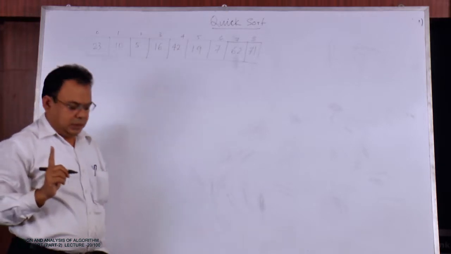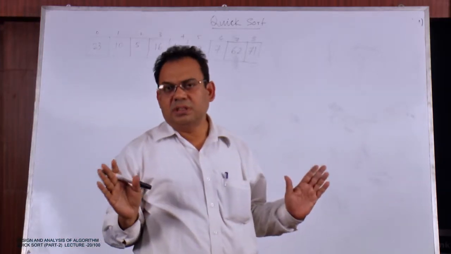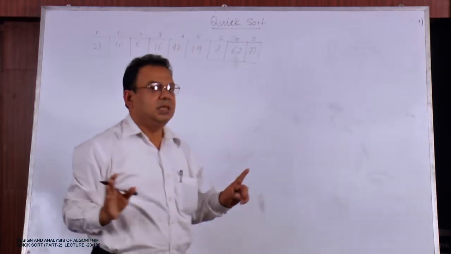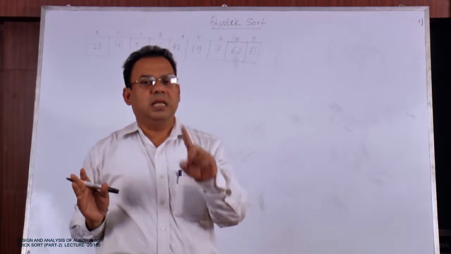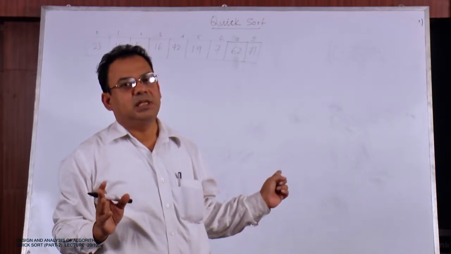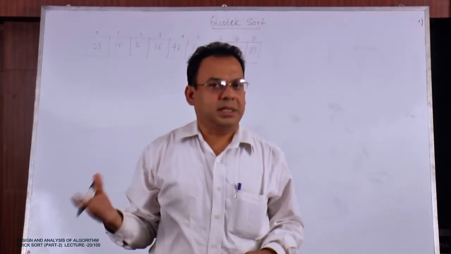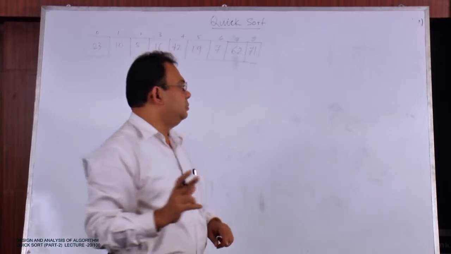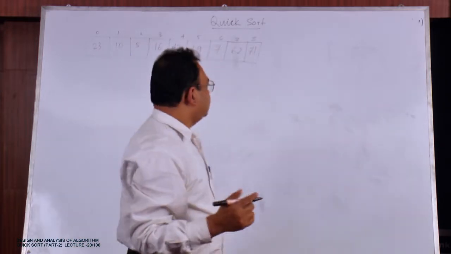Our first task is to divide the array into 2 halves, such that the partitioning element will occupy the correct position, and all elements less than this partitioning element will appear to the left of it, and all elements greater than it will appear to the right. That means the partitioning element, called the pivot element, will occupy the correct position.